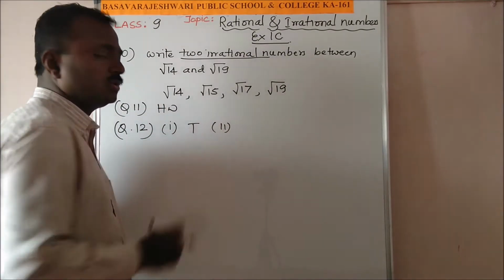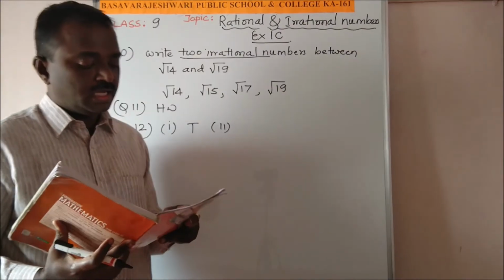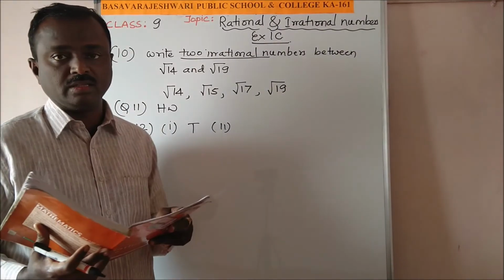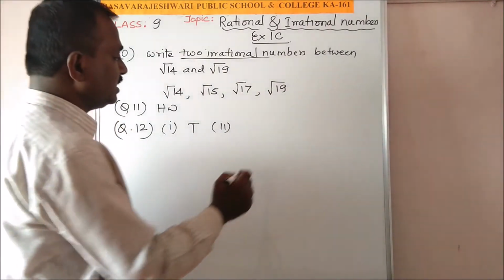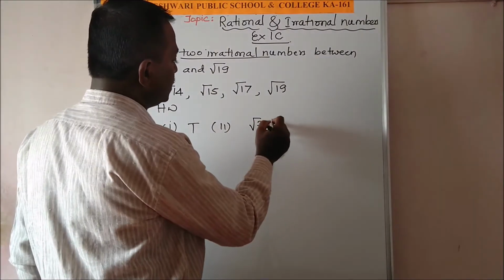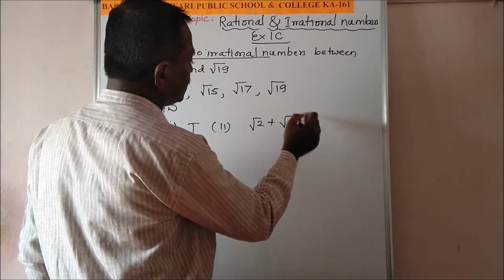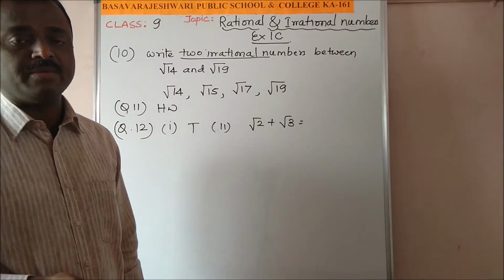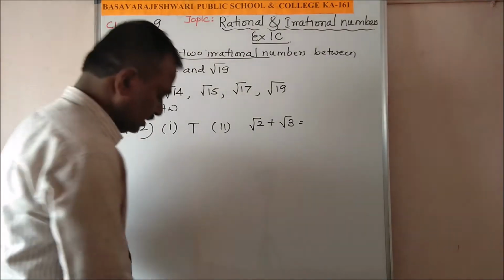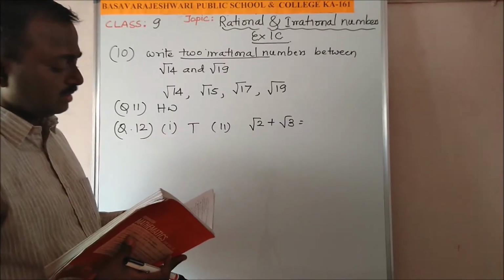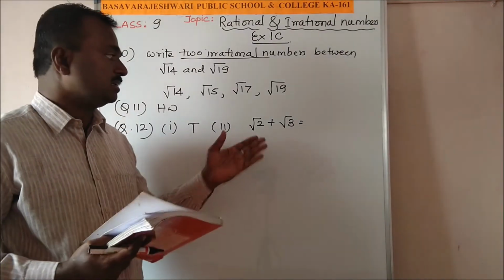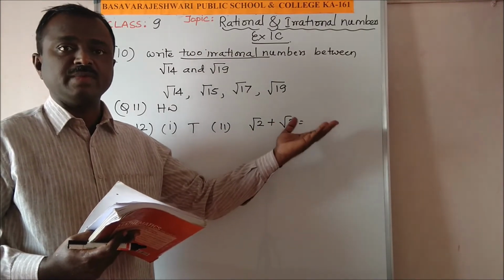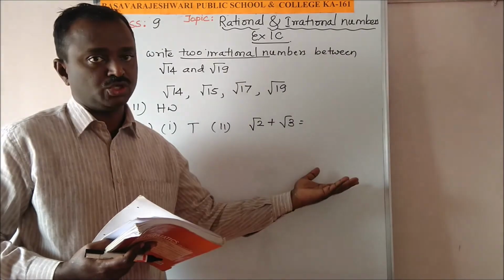Second answer. The sum of two irrational is an irrational. For example, this is an irrational number, this is also an irrational number. If I add these two, do I definitely get an irrational? They are saying no, because if I add them, I can get some decimal values that can be expressed in the form of p by q.